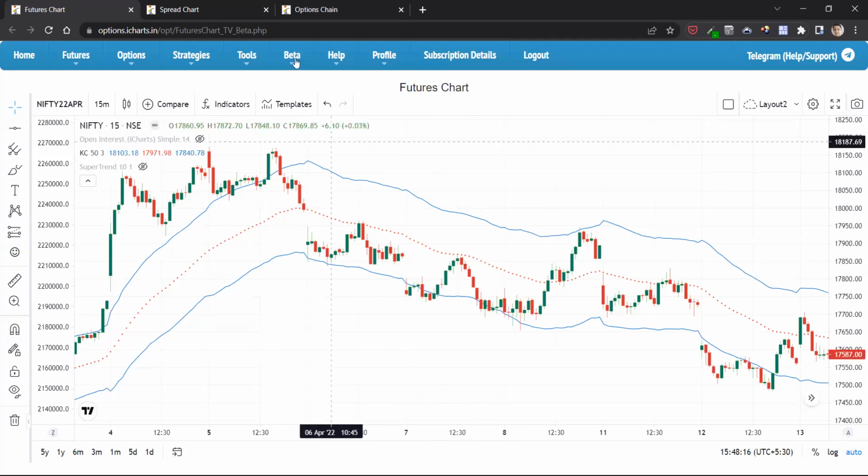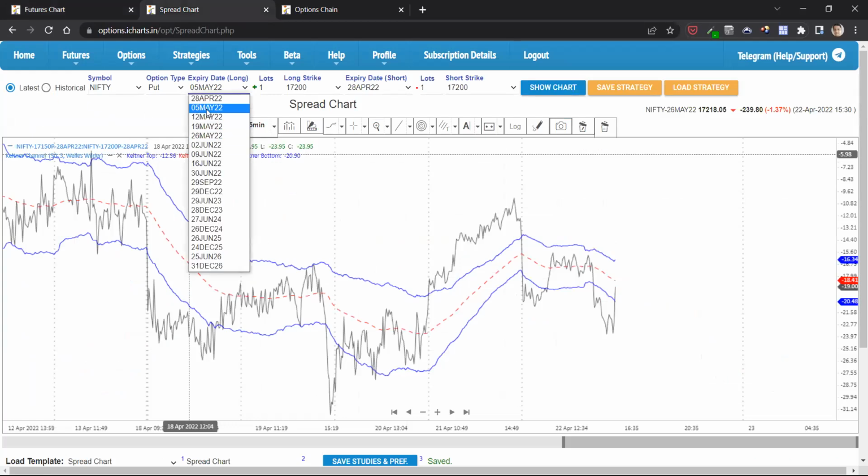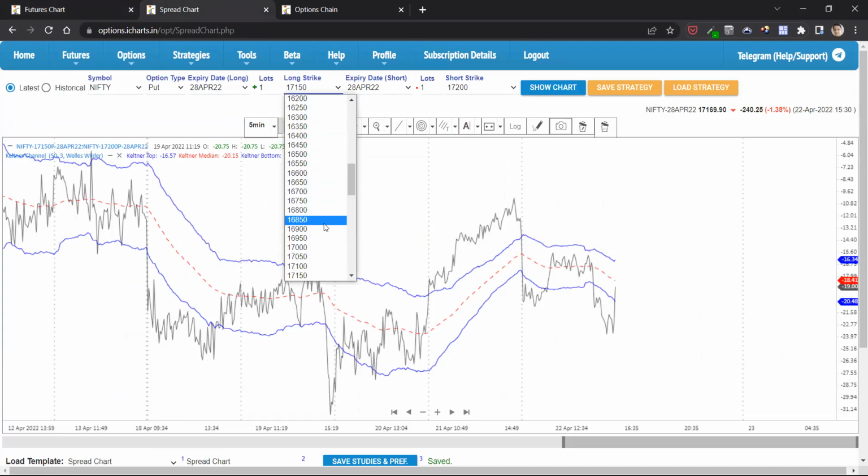So debit spreads. Then adjustments after that are going to be the same. On the 6th, let us just check this. Say suppose we are going to take the 28th expiry. Put long, I would go with 18.